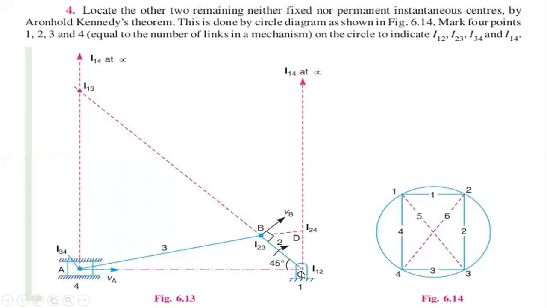Then extend the link I14 from the fixed link, that is 1. So this is the dotted line drawing to it. But before that, we are going to draw the circle diagram.